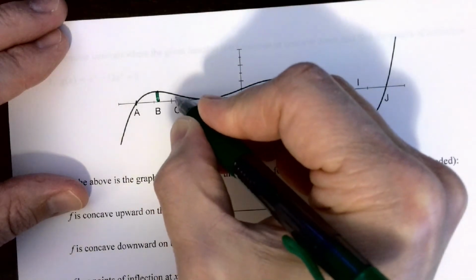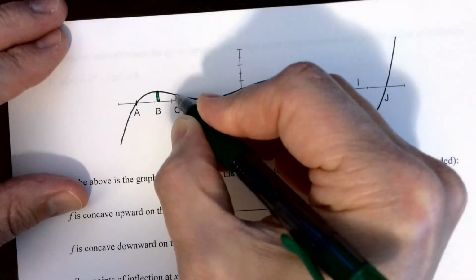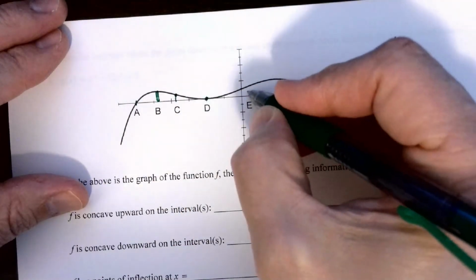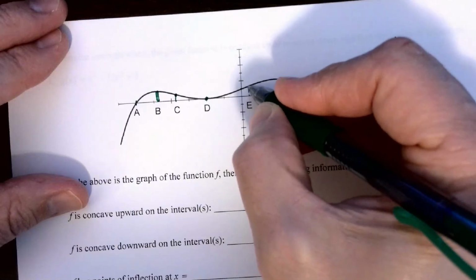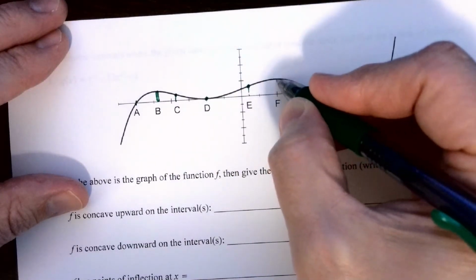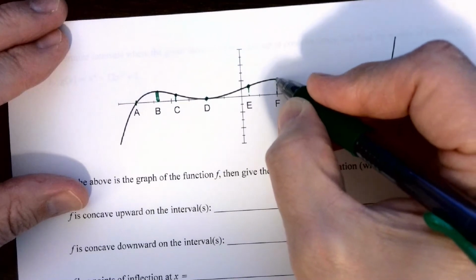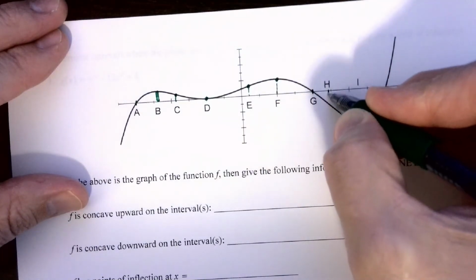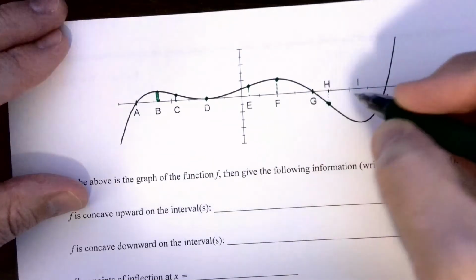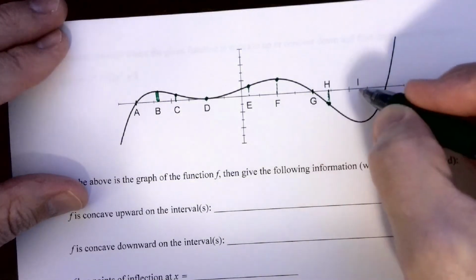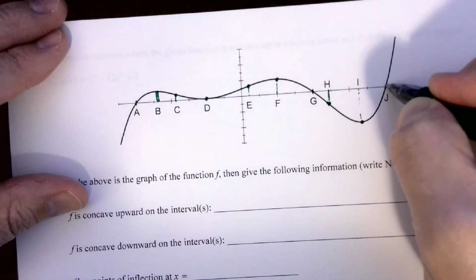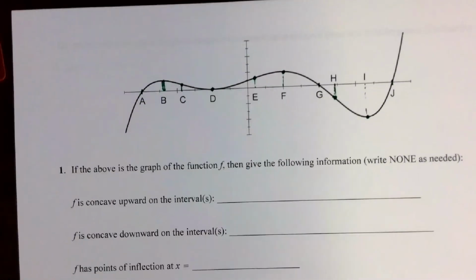C right here. Now I wonder what's going on right there. Think about that. D, intercept there. E, that point there. What's going on there? F, that looks like a local max. G, intercept. H, right there. I, local min again maybe. J, x-intercept. So those are the important points of this graph.